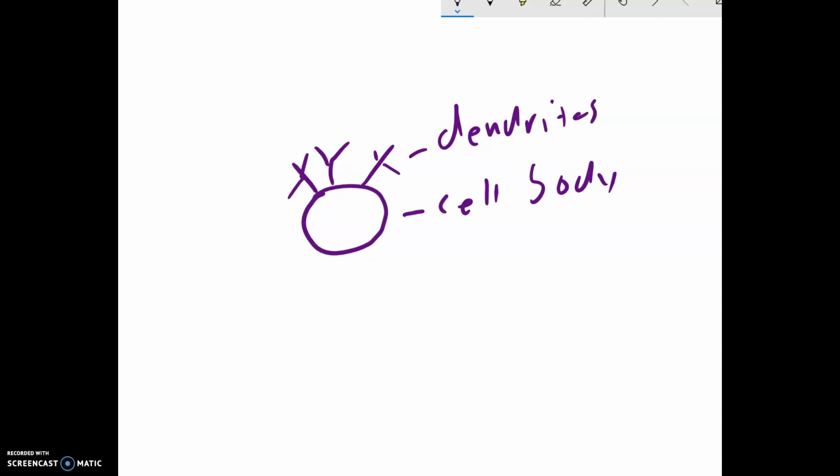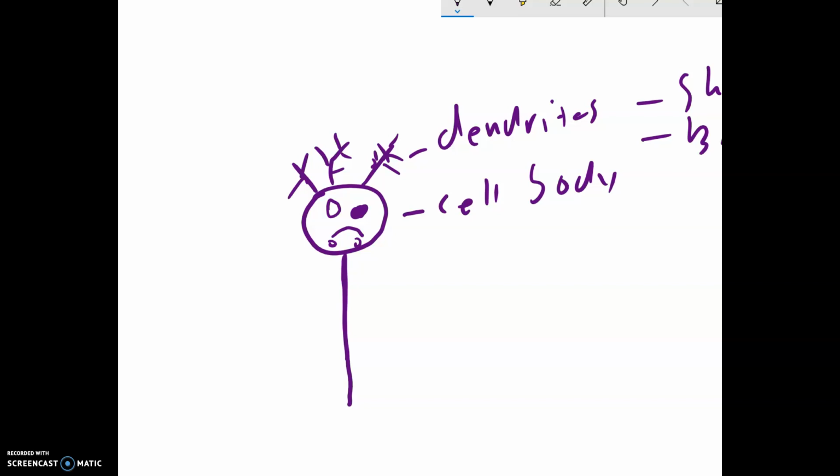That's right, they receive signals. We have our nucleus. We have our Golgi complex. We have our mitochondria. And we have our 1 axon. Now the dendrites are highly branched, and they're very short. So dendrites short, branched.